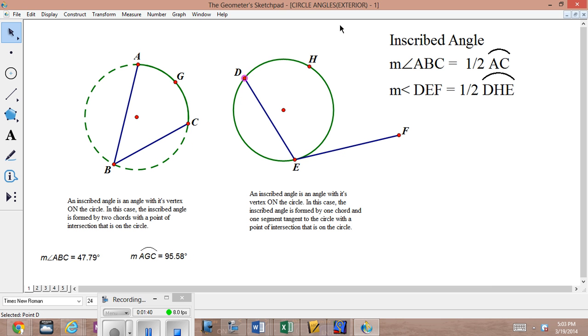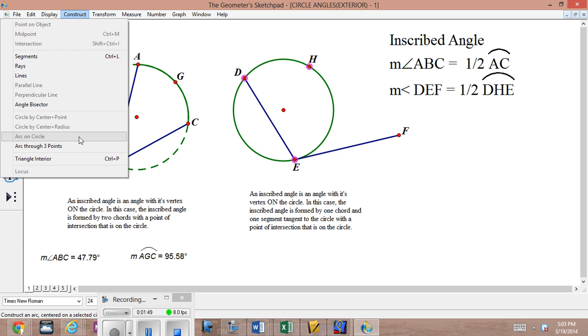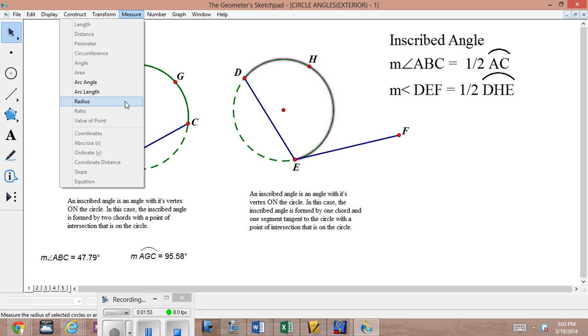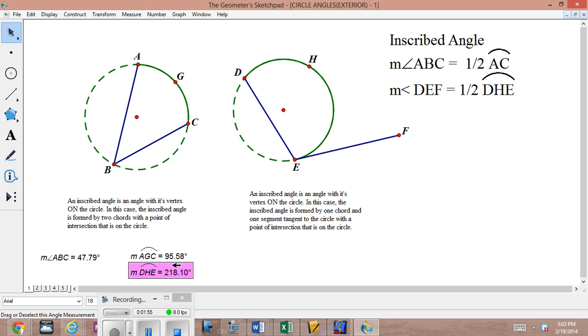The same thing is going to hold over here with the inscribed angle. Measure this, and construct that arc first, and then measure that arc. The measure of that arc is going to be exactly twice the measure of this angle that's formed by the chord and the tangent.